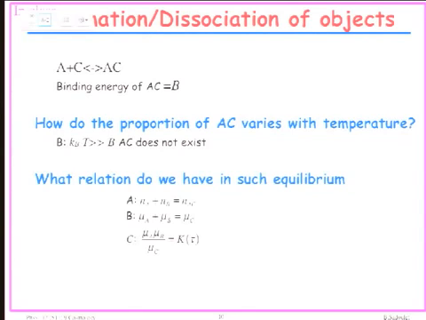So now if I'm in equilibrium, what relationship do I have? That the densities are adding up, that the chemical potentials are adding up, or that I have this kind of relationship. Are some of those sub B supposed to be sub C, and then the sub C is supposed to be sub AC?